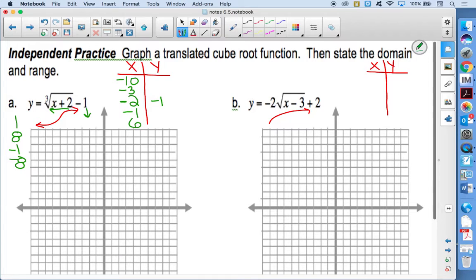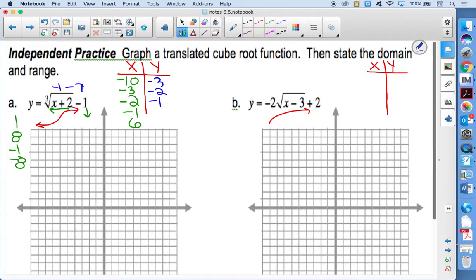Does anybody have the y values? Libby, what do you have? I have -3, -1, -2, and 7. Okay, so Libby, if we plug in a -3 + 2, that gives us the cube root of -1, so I think this one should be a -2. Everybody okay with it, a -2?